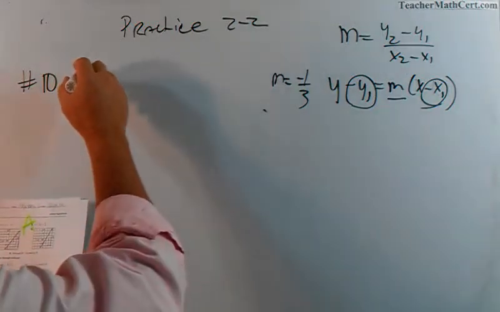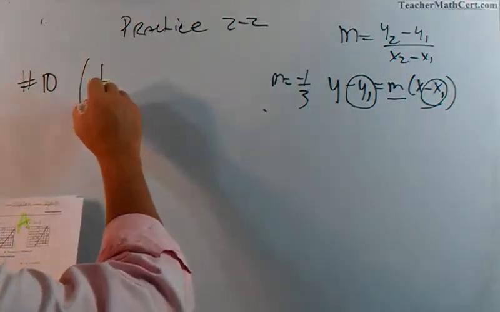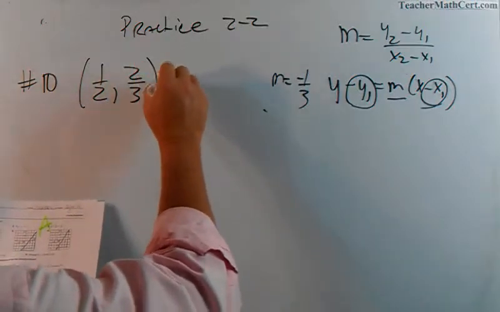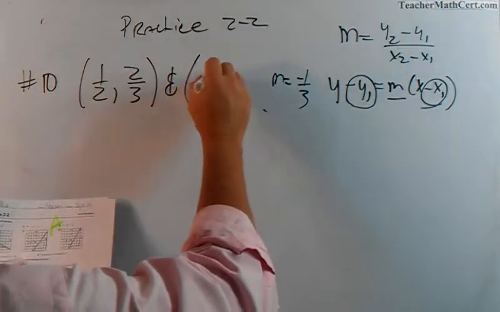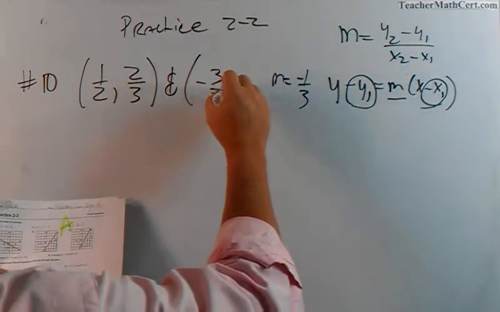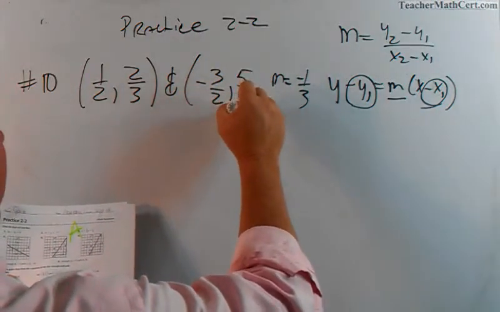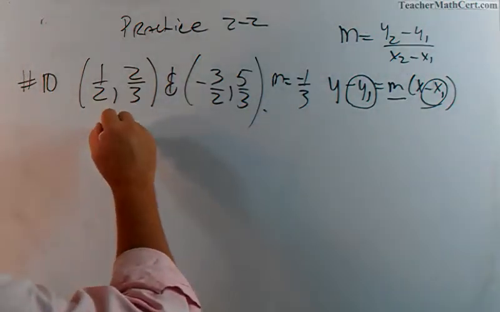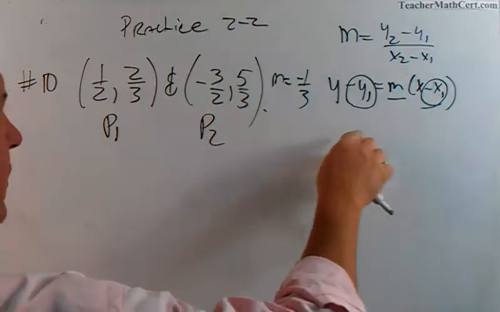So this is the pair of points for 10: 1/2, comma 2/3, and negative 3/2, comma 5/3. All right. So how do we get the slope? Set these up. Point 1, point 2.